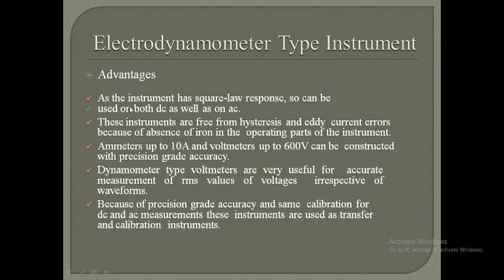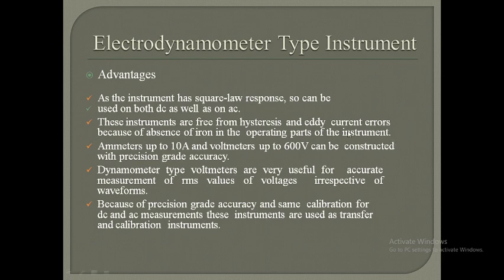Now what are the advantages? As you know, the instrument has square law response, so it can be used on both DC as well as on AC, and these instruments are free from hysteresis and eddy current errors because we are using air cored coils here. There is also an absence of iron in the operating part of the instrument.